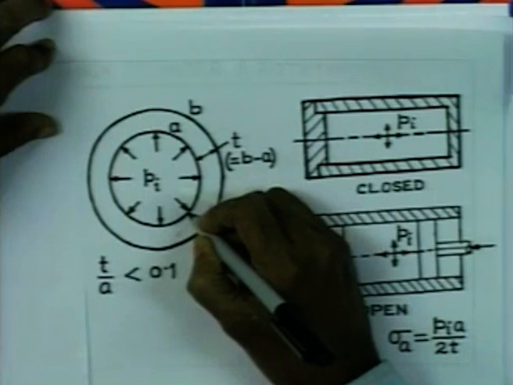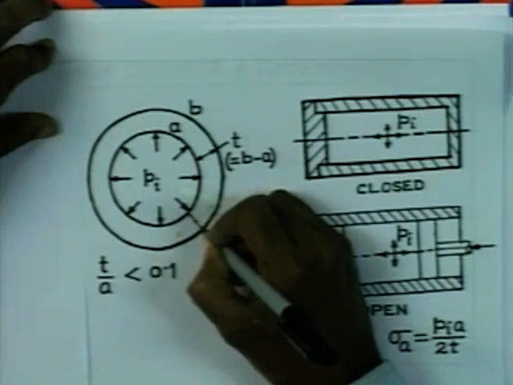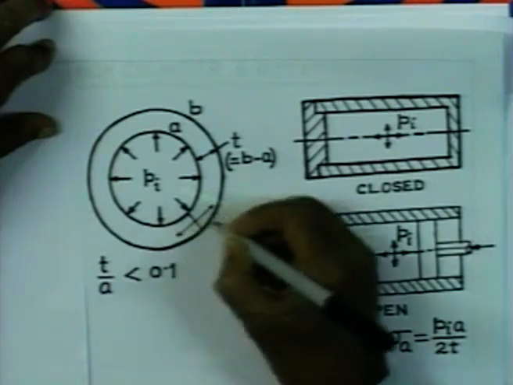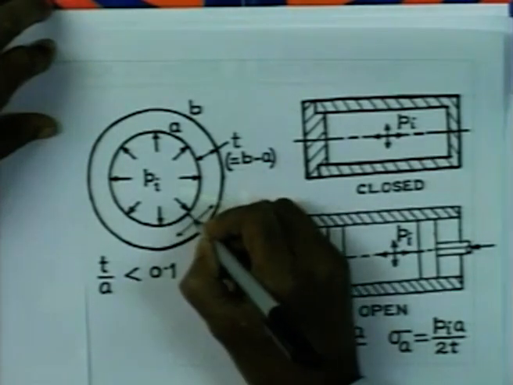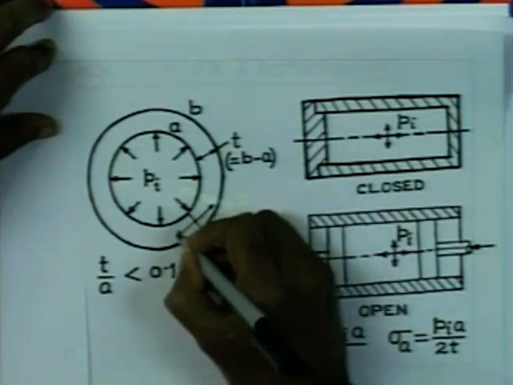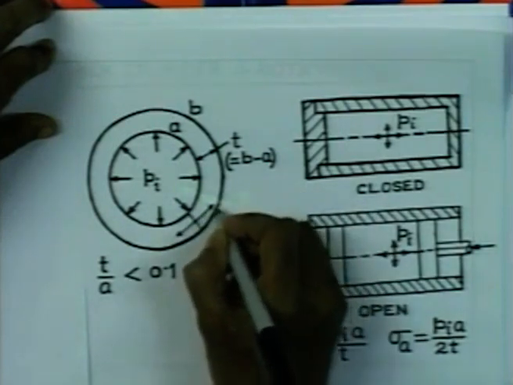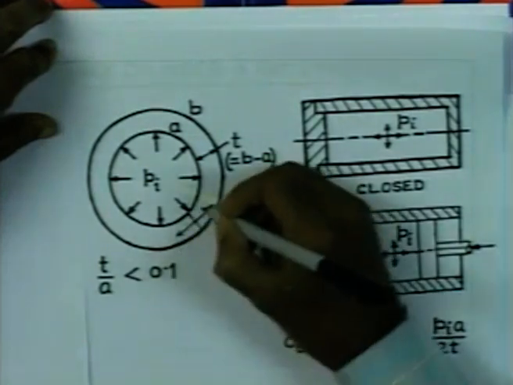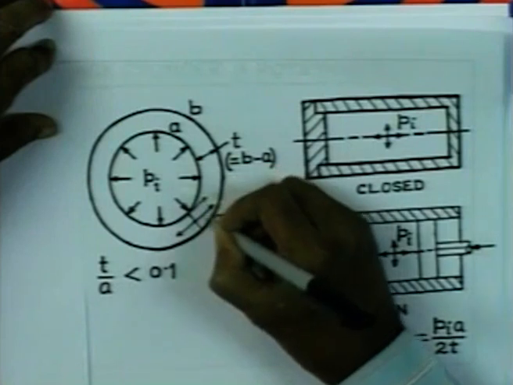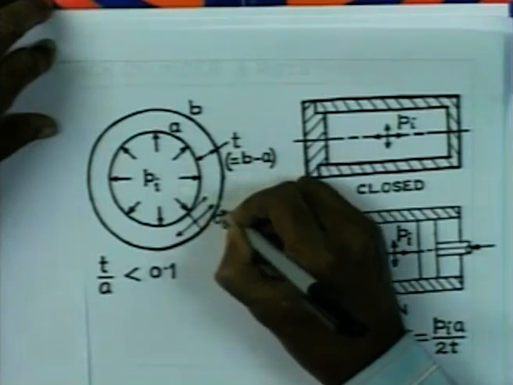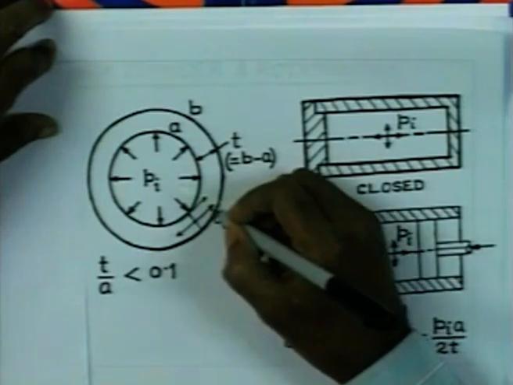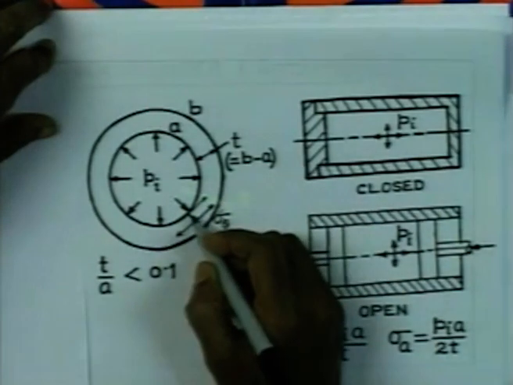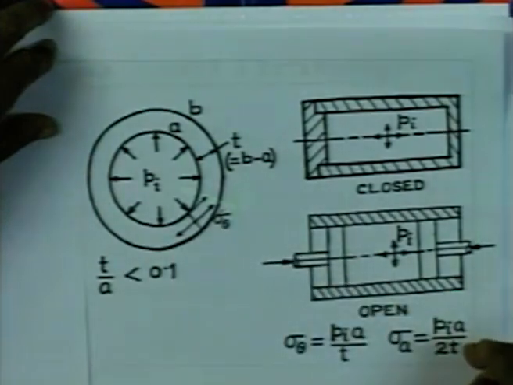So, if you consider this is the thickness, then the hoop stress which acts in this direction is the hoop stress at a point, and that hoop stress is going to be the same at all points over this thickness. So, it has the same magnitude over the thickness. Similarly, the axial stress is also uniform over the thickness.